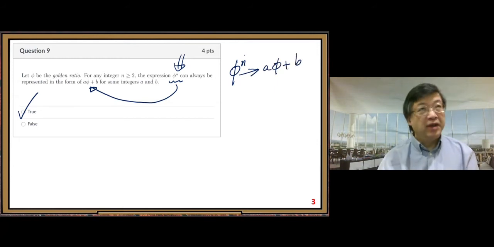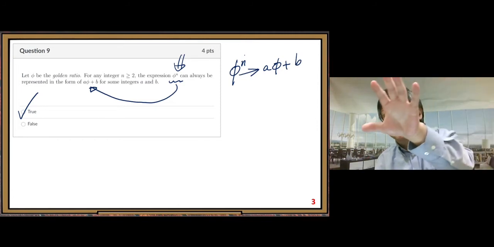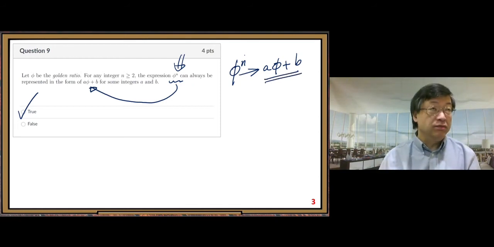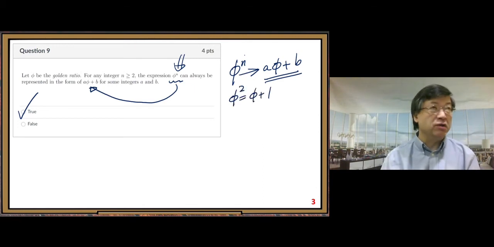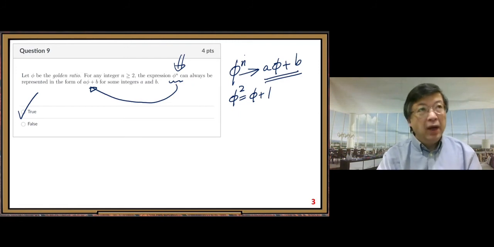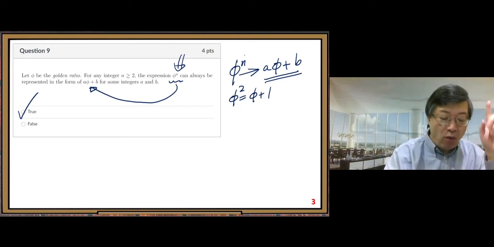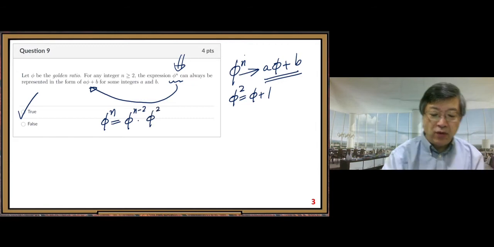For many students, you may feel it is hard to get this linear expression. But remember, we have this property for the golden ratio. When you have this property, you can always bring down the degree of your expression by 1 every time you do this kind of substitution.